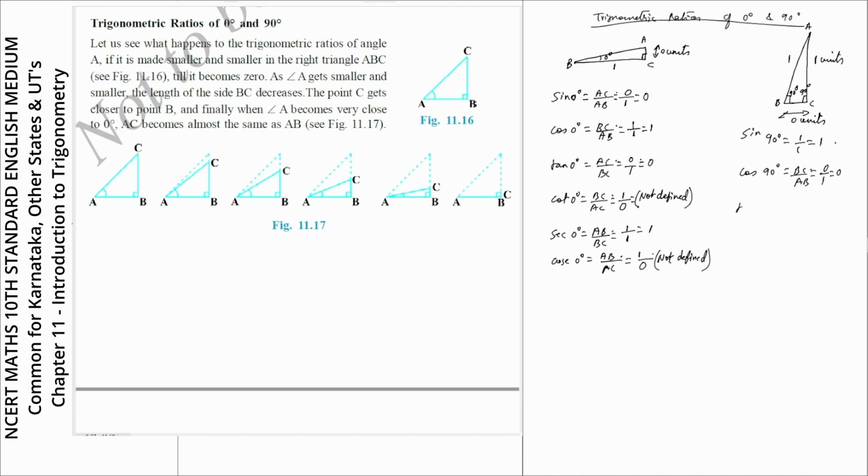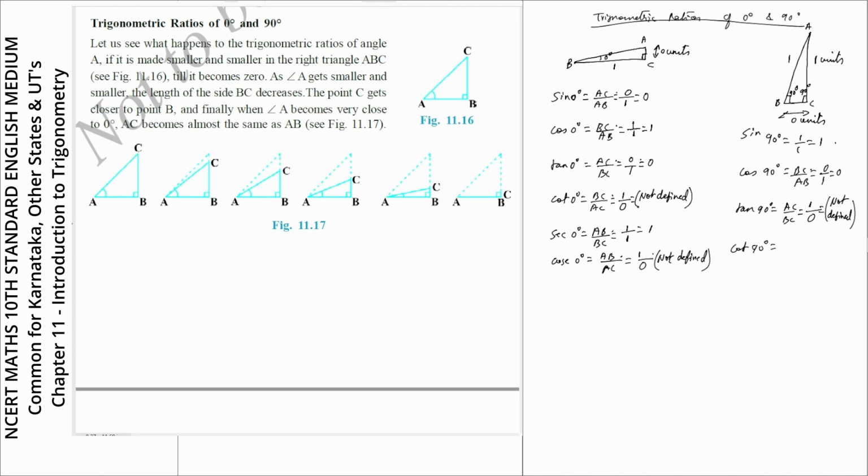Now what is tan of 90 degree? Tan of 90 degree is opposite by adjacent, that is AC by BC. AC is 1 and BC is 0. So 1 by 0 is not defined. Now cot of 90 degree.